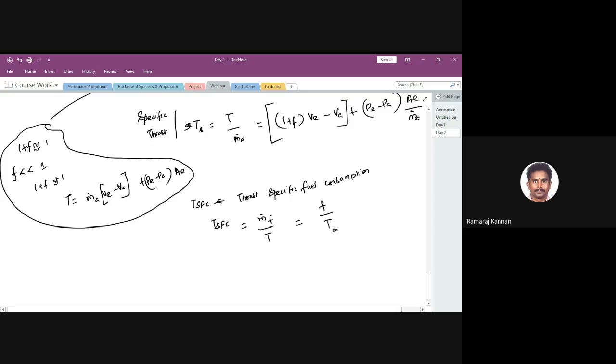We can write it as m dot f divided by m dot A into the specific thrust, that is the fuel air ratio f divided by the specific thrust: f divided by (1 plus f) into VE minus VA, plus (PE minus PA) AE by m dot A.